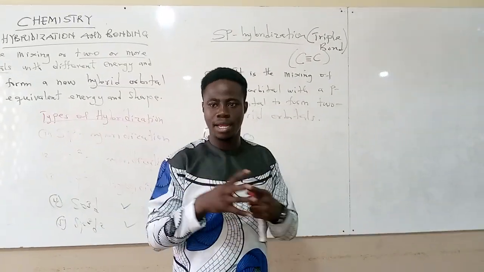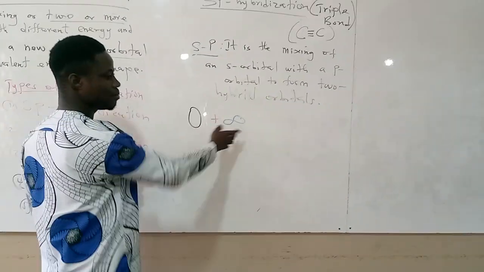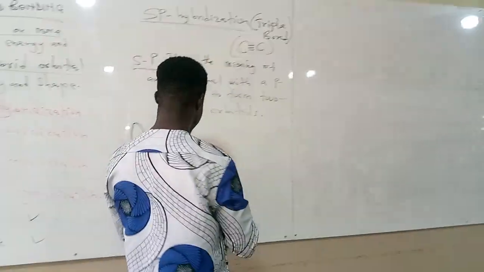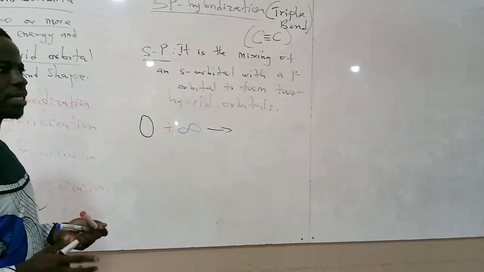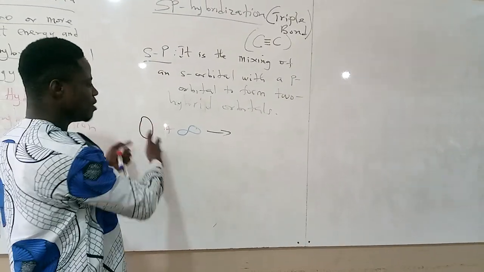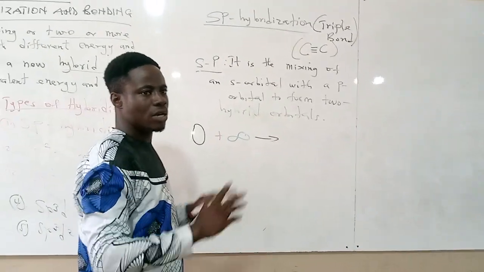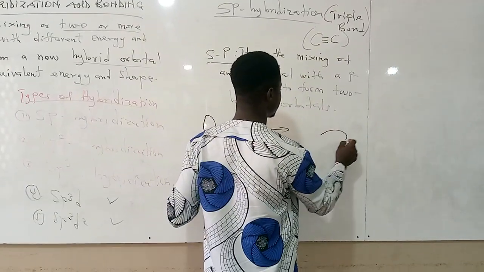They mix completely. So that is what happens here. I'm mixing this with this. Now, anytime this is done, I form two hybrid orbitals, but this time around, as soon as I mix them, you are not able to distinguish this from that. You cannot distinguish again. So what will happen is, I'm going to form this.